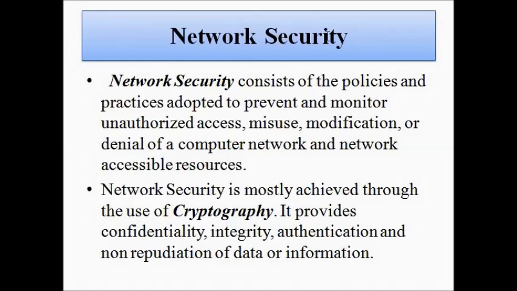Network security essentially consists of rules, regulations, various policies and practices, the main objective of which is to monitor and prevent third party interference, that is unauthorized access, misuse, modification, alteration or denial of the resources, the data, the sensitive information communicated over a network from one party to another, from the sender to the receiver.